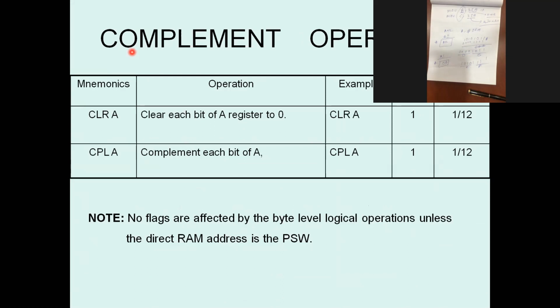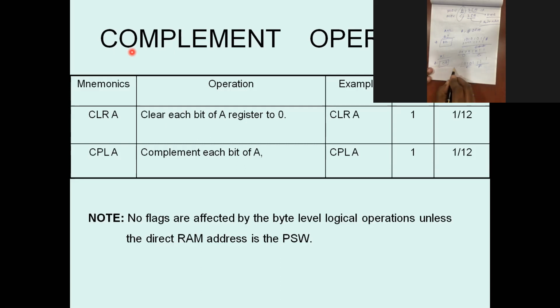Next, CLR A, clear accumulator. Before the instruction, the accumulator may hold any value, but after the instruction, the accumulator will be 0. Next, CPL A. What are the functions of CPL A? Complement accumulator, the one's complement of the accumulator.